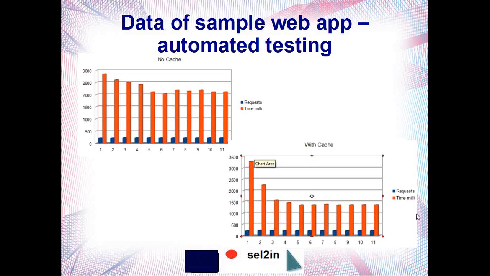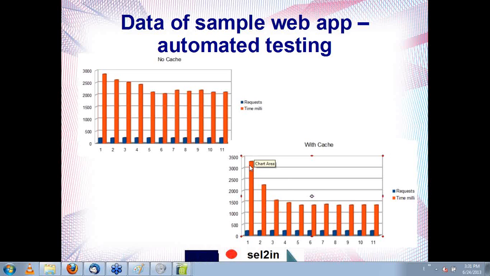And down here you can see that with cache, the initial time was a few seconds higher for the same 220 requests, but as time goes by, the time to serve keeps coming down, and then it settles down again at one approximate average time.